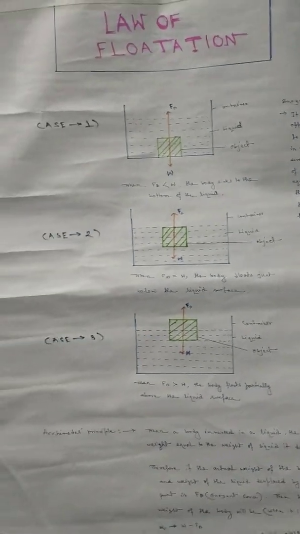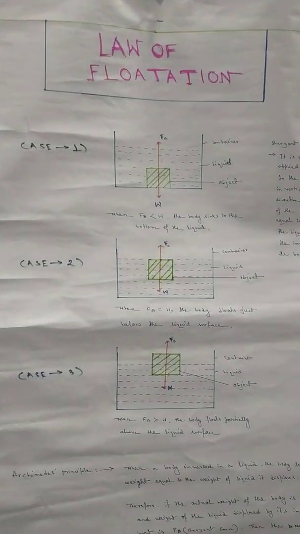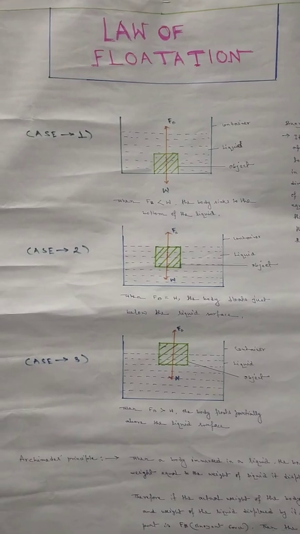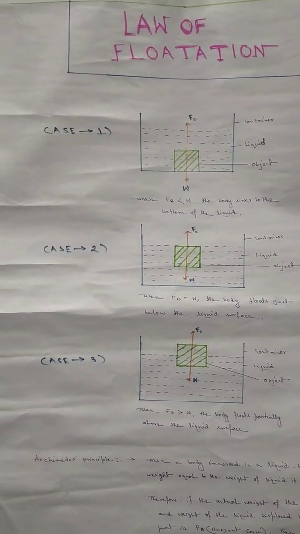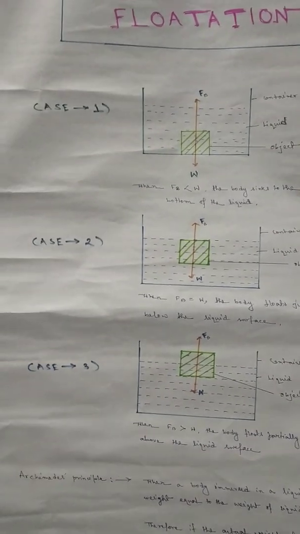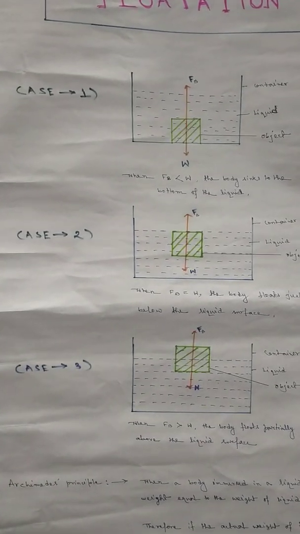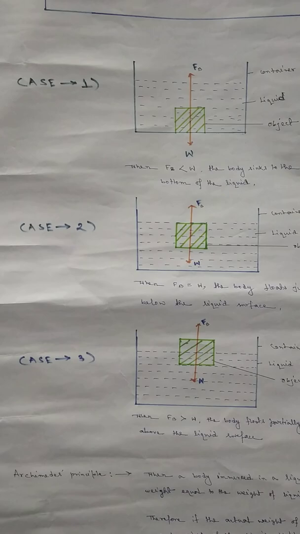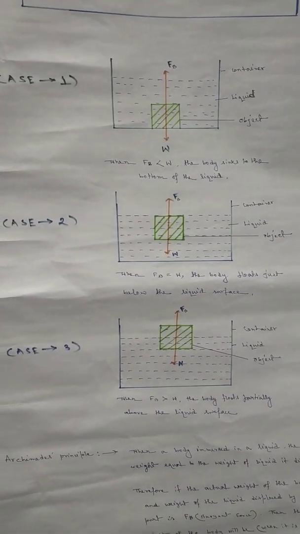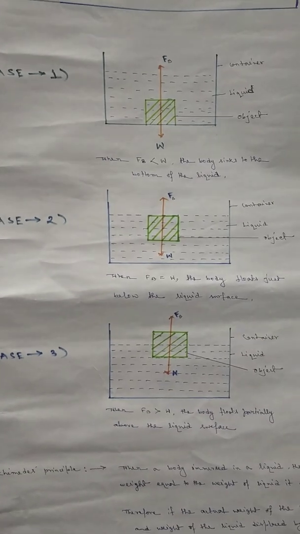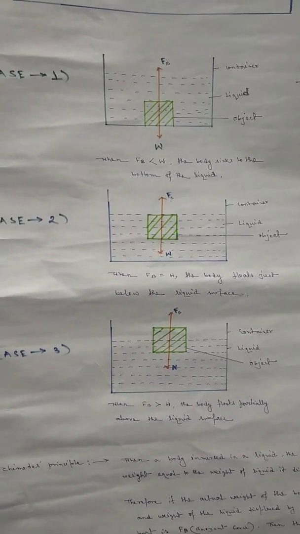Now see, if we immerse an object into a liquid, three cases may happen. In case 1, buoyant force is less than the weight of the object. In case 2, buoyant force is equal to the weight of the object, and in case 3, buoyant force is greater than the weight of the object.